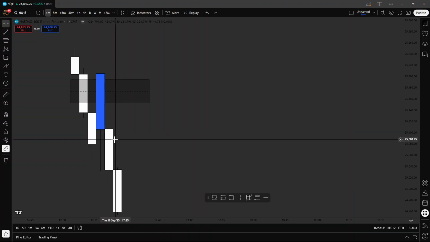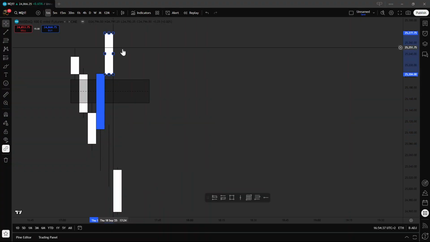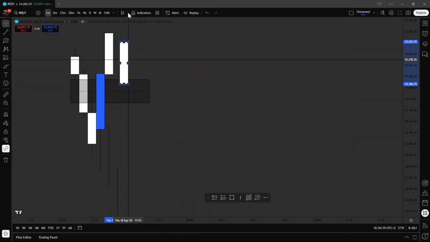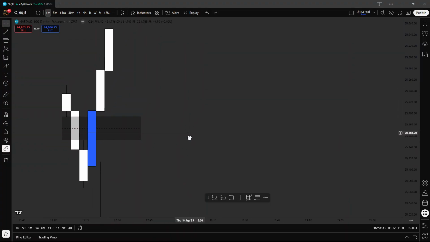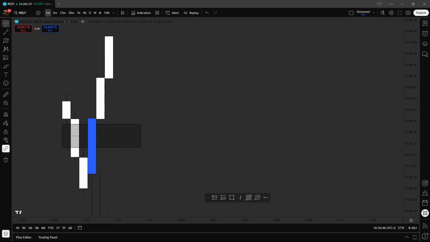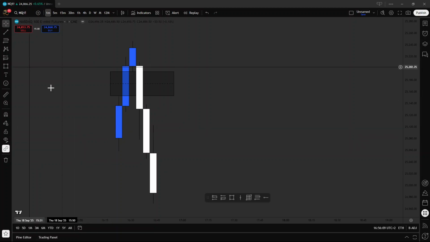It would mean the market didn't respect the imbalance, and it would push price to the upside. So it inversed the gap and it will push the price to the upside. Same for here. You can see this candle inversed the gap, and it means the price will push more to the downside.